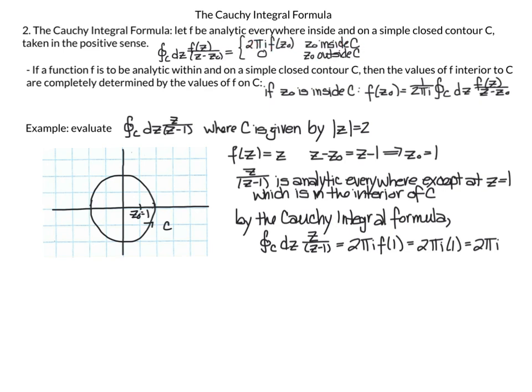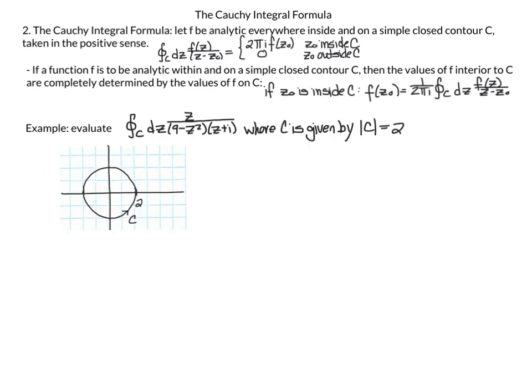So by the Cauchy integral formula, this integral is equal to 2 pi i f evaluated at z naught, which is equal to 1, and f is equal to z, so f of 1 is equal to 1. So our final answer is 2 pi i. And one thing I'm going to say, so many answers in complex analysis are 2 pi i. Also, so many circles. This is where mathematicians learn how to draw circles, although mine's a little lopsided.